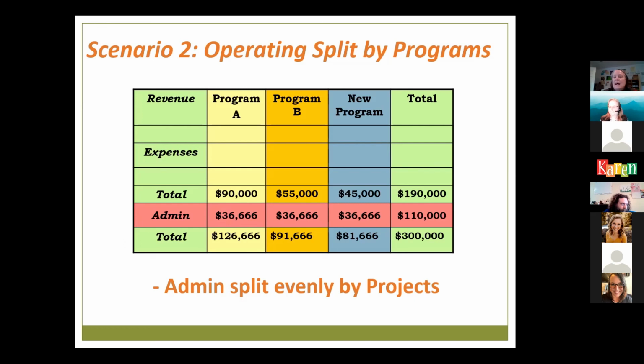So, I'm actually using program and project interchangeably. Let's say that program A might be our advocacy services. Program B might be our shelters. And maybe you have 2 or 3 shelters, but you're calling them shelter services. So they're all together. And maybe our new program is a job training program that we don't have that we want to bring.